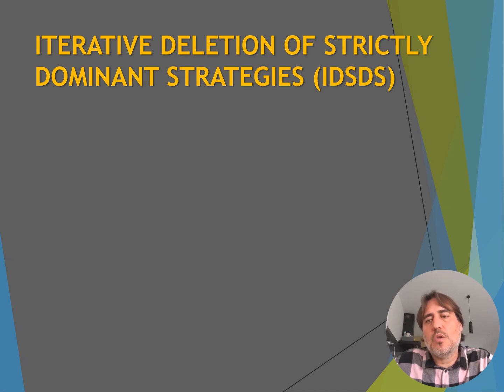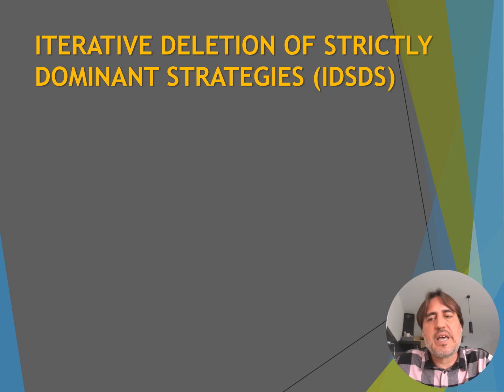One way, therefore, to find the solution of a game is to delete or eliminate all dominated strategies one by one, since they will never be played if the player is rational.